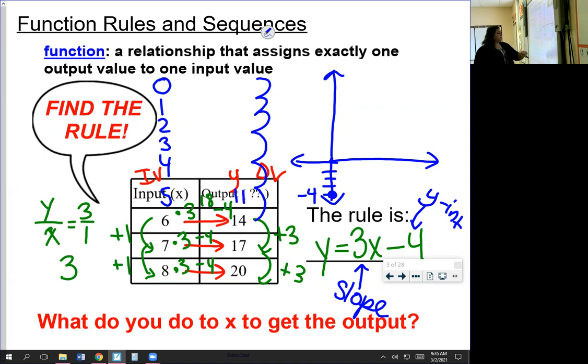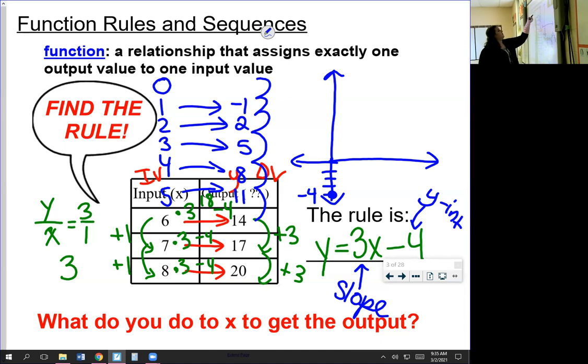This would be 11. 3 less than that would be 8. 3 less would be 5. 3 less than that would be 2. 3 less than that would be -1, and 3 less than that would be -4.